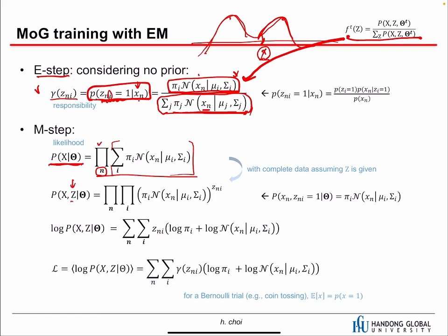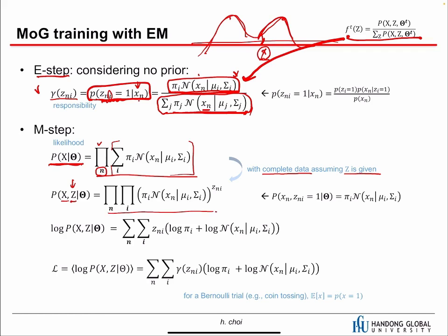When we introduce z, it means we assume that z is given, which means we have complete data. So we have x, and z is hidden, but if we have z, so if we have complete knowledge, then this probability can be rewritten in this way.